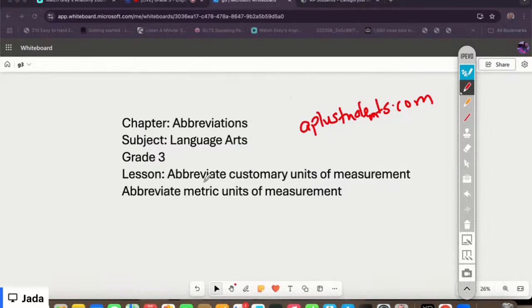All right, so after you click on your name, you move on to language at grade 3. You click on the chapter abbreviations.